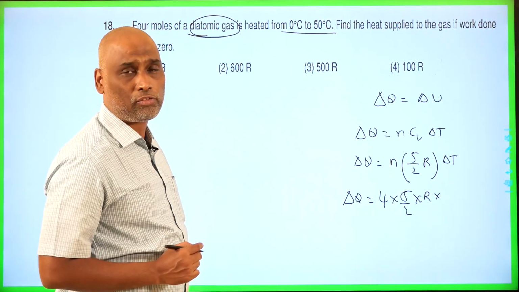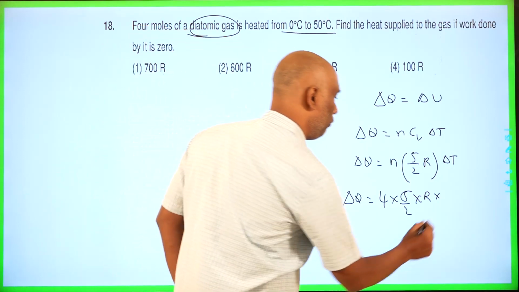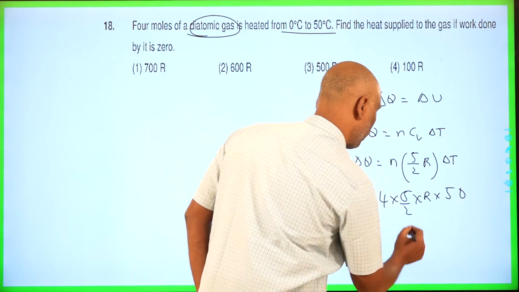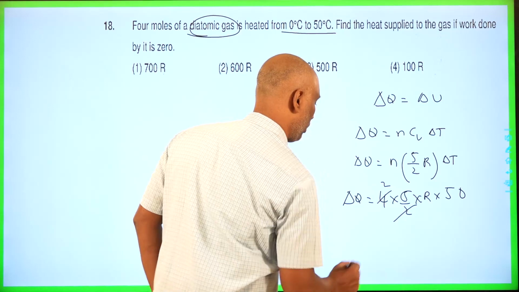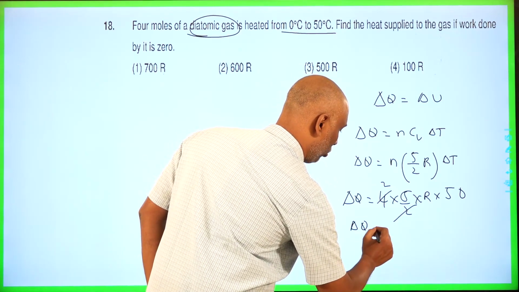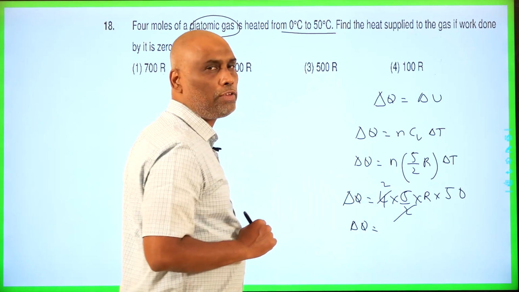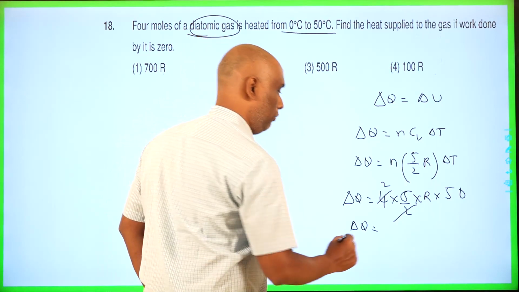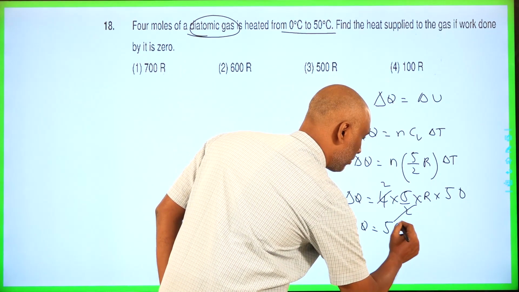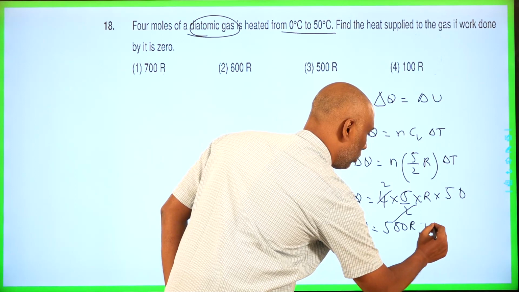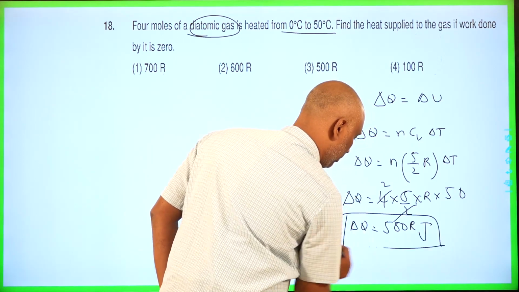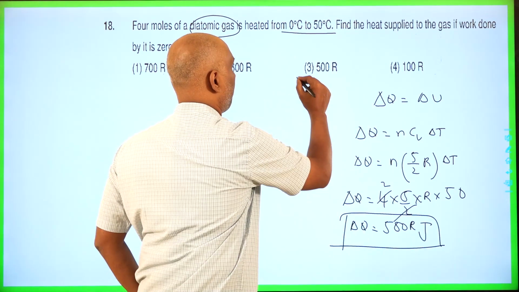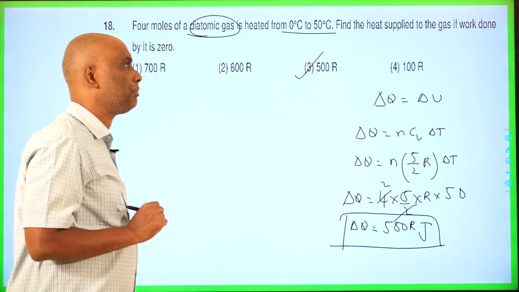Here the temperature is changed from 0 to 50, so into 50. So the value of delta Q becomes 2 into 5, 10, 10 into 50, 500 R joule. Option 3.